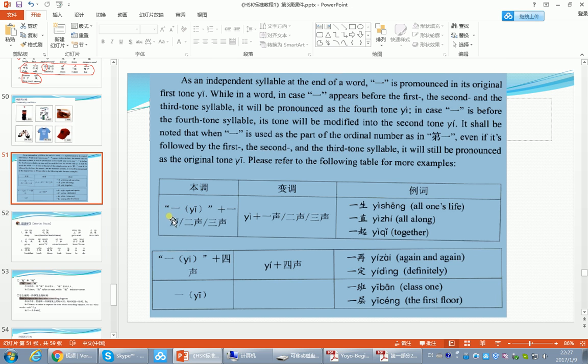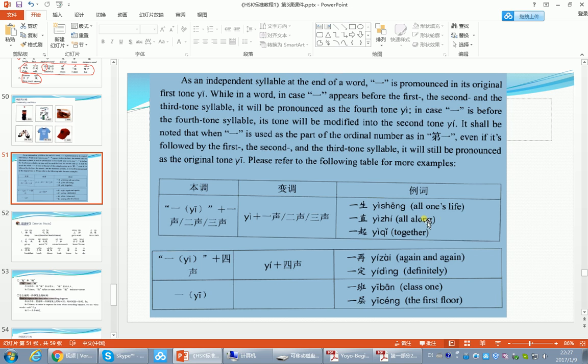And here is another changeable tone. It is 一. If 一 is followed by the first tone, the second tone, or the third tone, 一 will change to the fourth tone, 一.